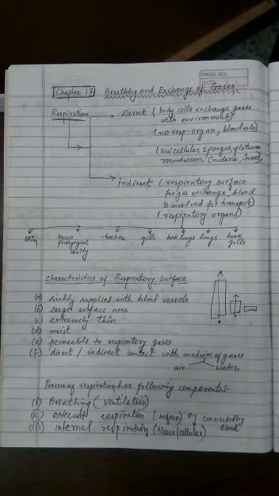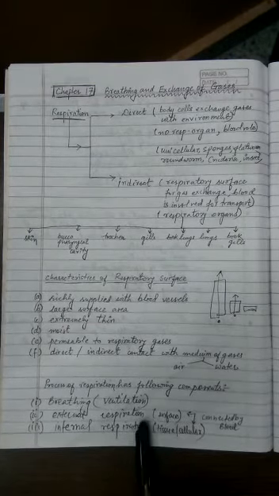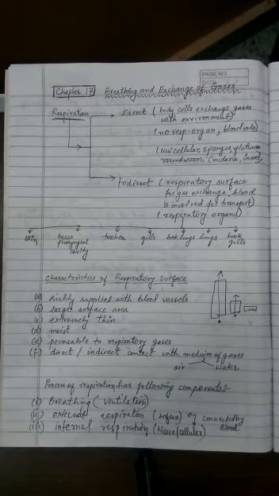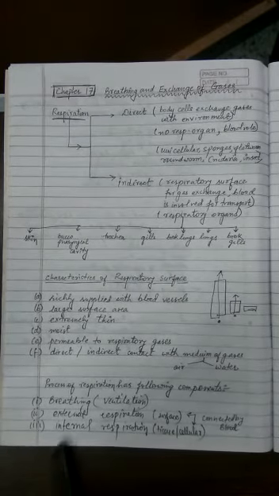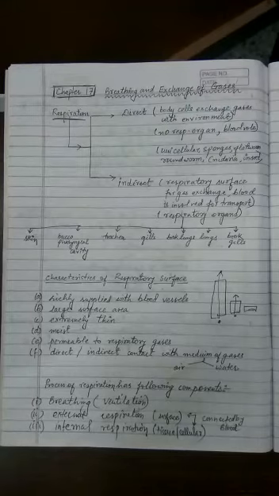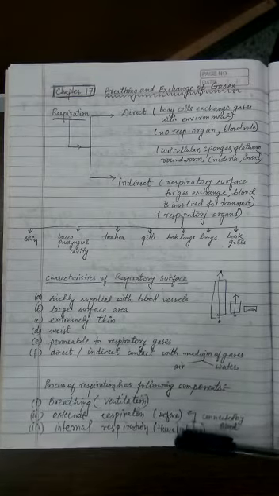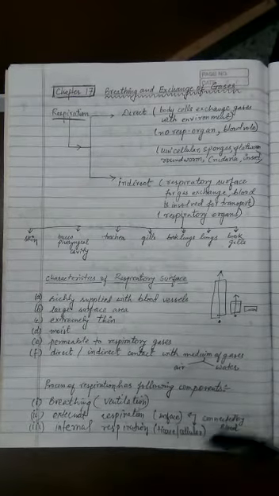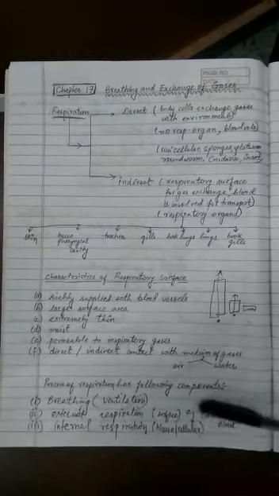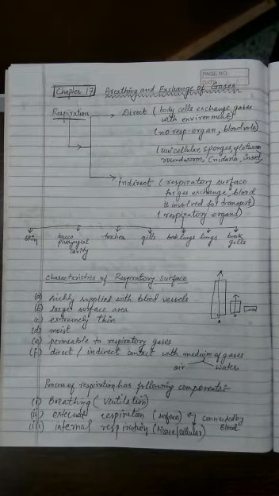So one exchange occurs at the level of the respiratory surface, and the other level of exchange is the internal respiration, which occurs at the level of the tissues or the cells of the human body. And remember, these two exchanges are made possible because of the presence of a connective tissue which is called blood.